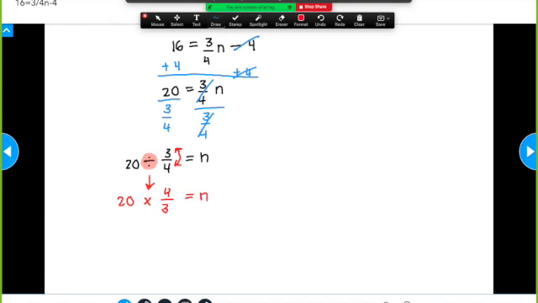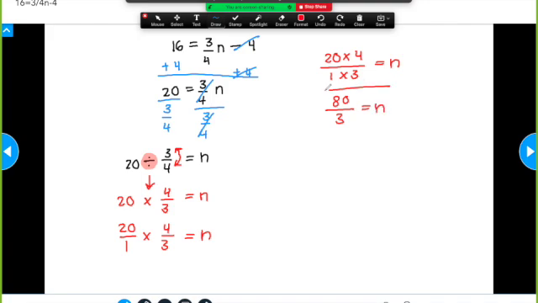And so right here, I'm going to change it so that I have a fraction on both numbers. 20 as a fraction is just 20 over 1. And then I still have n here. So I'm left with 20 times 4 over 1 times 3, equaling n, which would be 80 divided by 3, equaling n. And that would be my fraction.